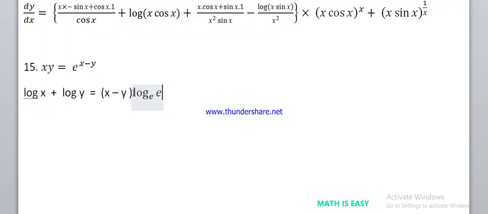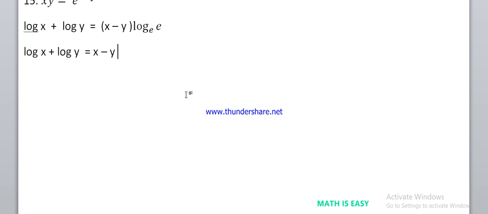So this entire term is going to be 1, because log a to the base a is going to be 1 only. So finally what you are left with is log x plus log y equals x minus y. So you just have to differentiate this with respect to x on both sides.